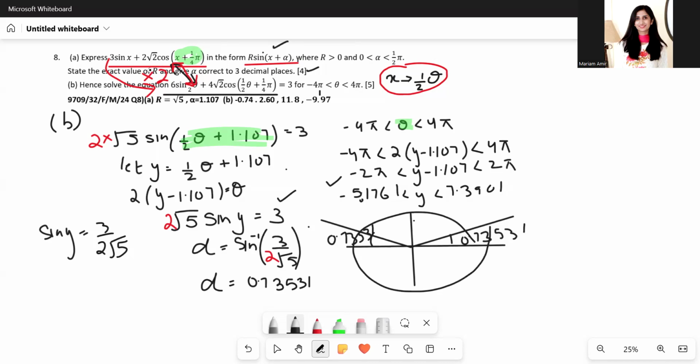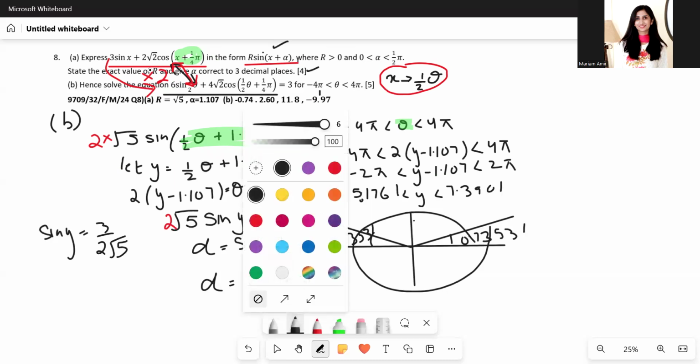This would be 2 pi plus 0.73531, which gives 7.01. That is one solution within the given domain.